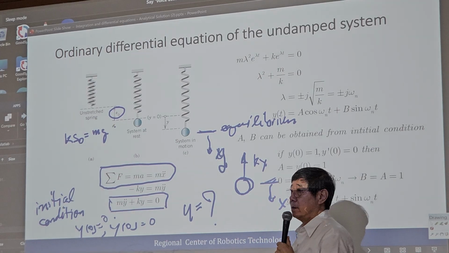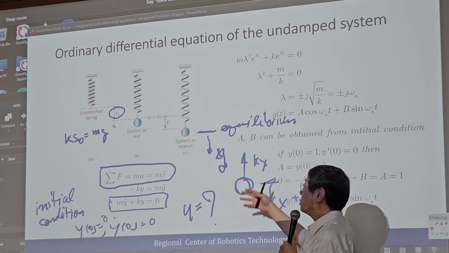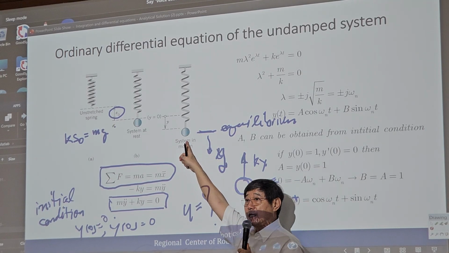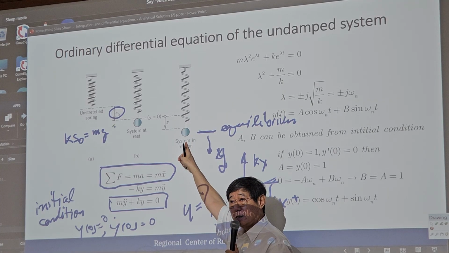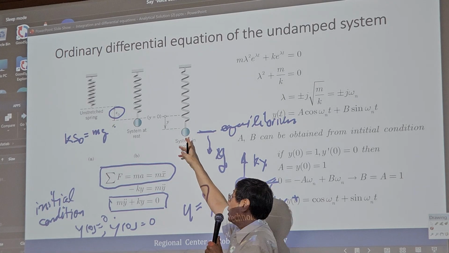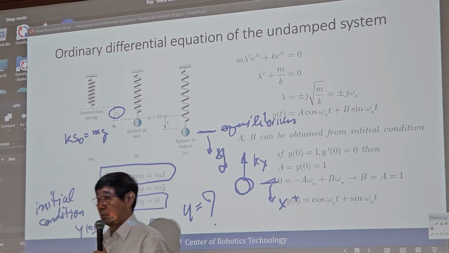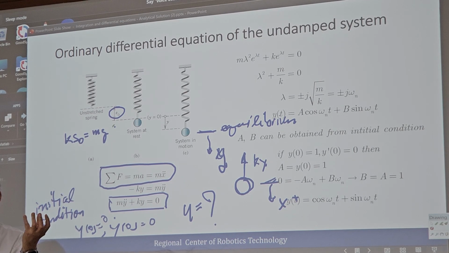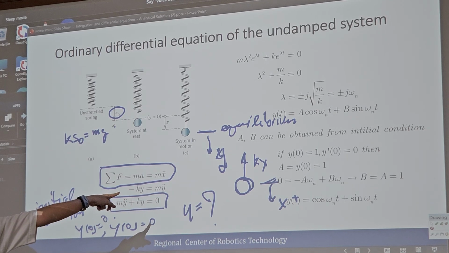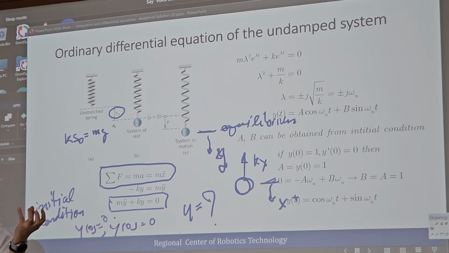Okay, so if it's stationary here, in equilibrium, it means no motion. If there is no external force, it's still there. The initial condition is 0 as well, so it stays there. The solution will be y equal to 0.